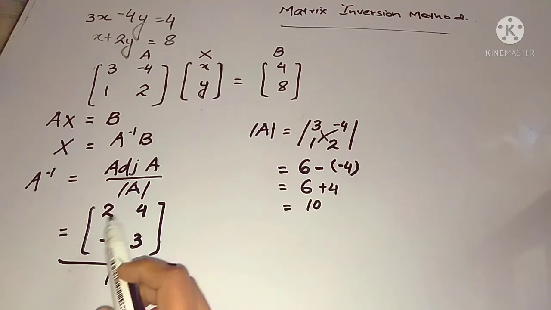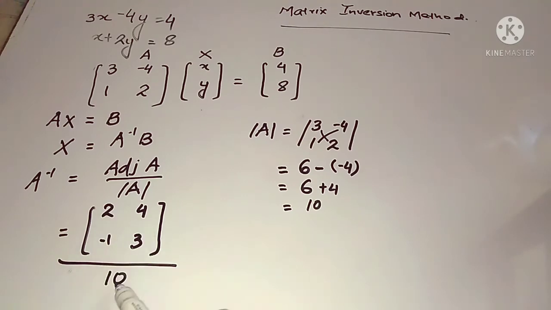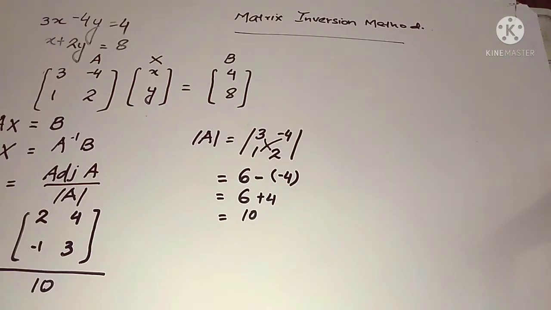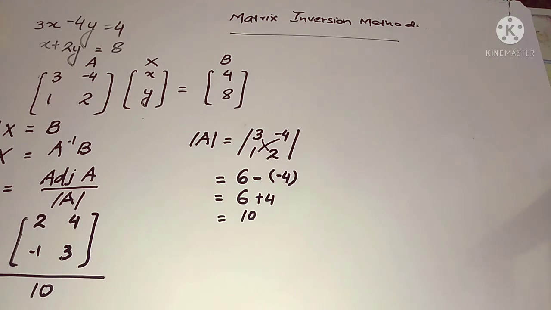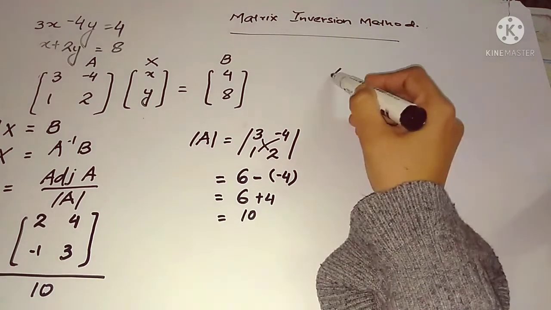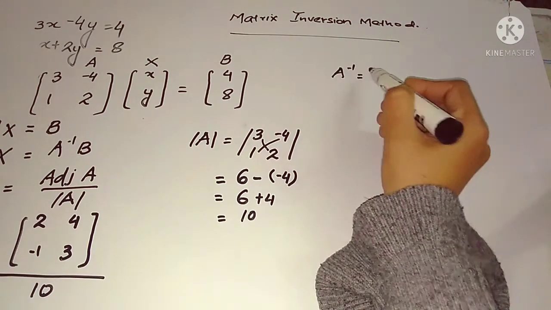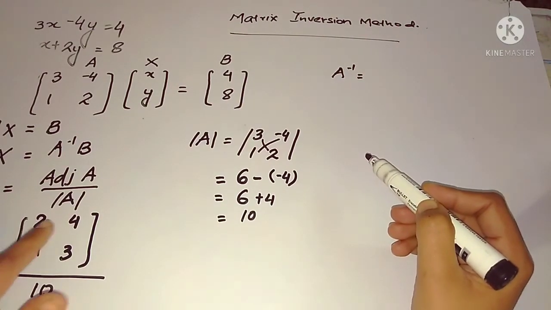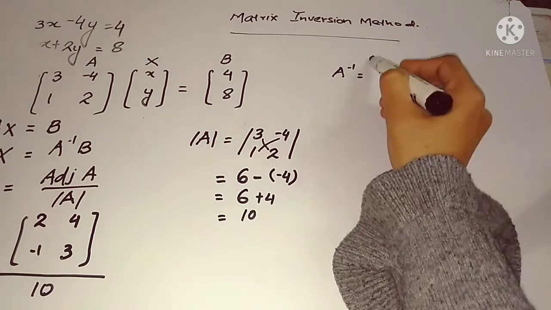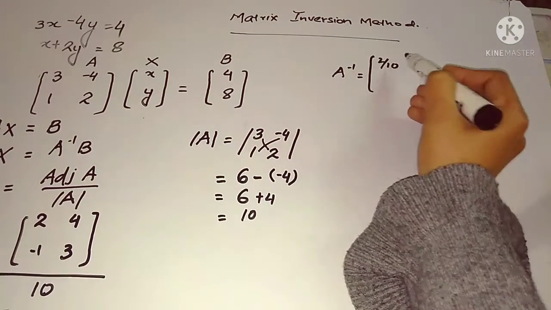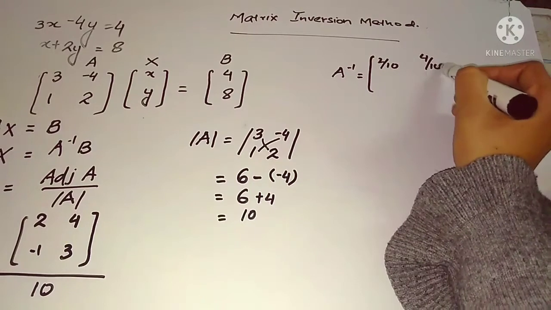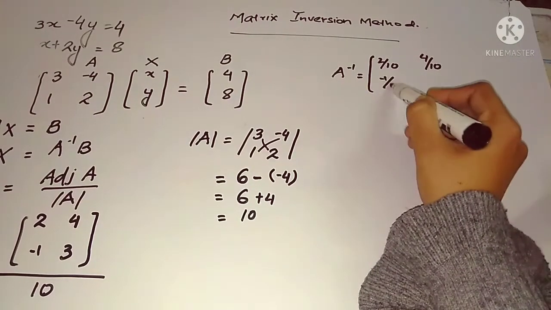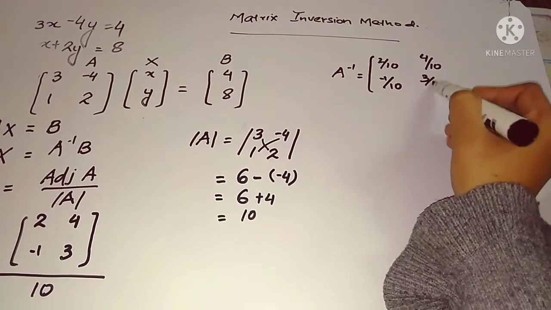Now you have to divide every entry of the adjoint of A by 10. So let's do it over here. A inverse is equal to this adjoint of A divided by this 10. So 2 by 10, then 4 by 10, then minus 1 by 10, then 3 by 10.